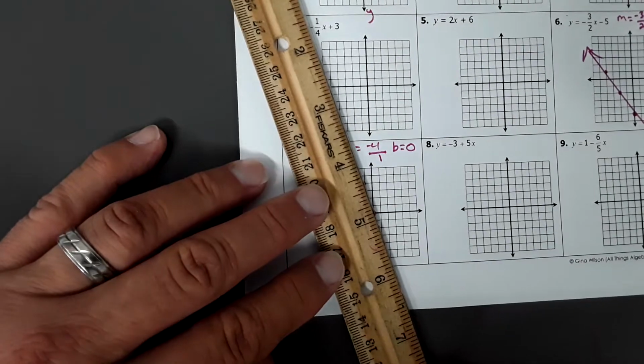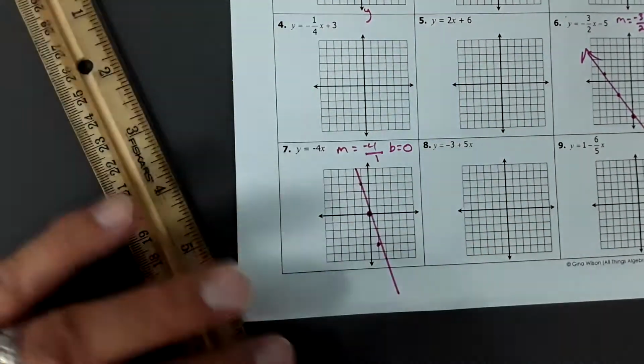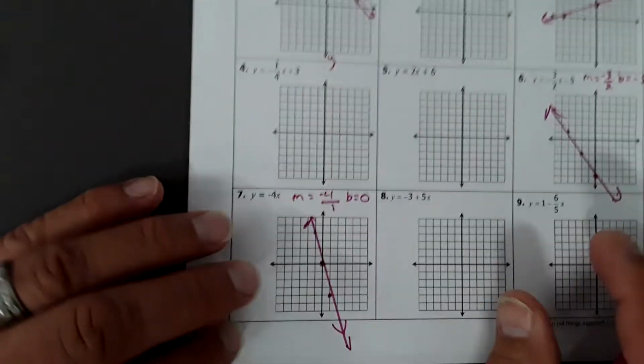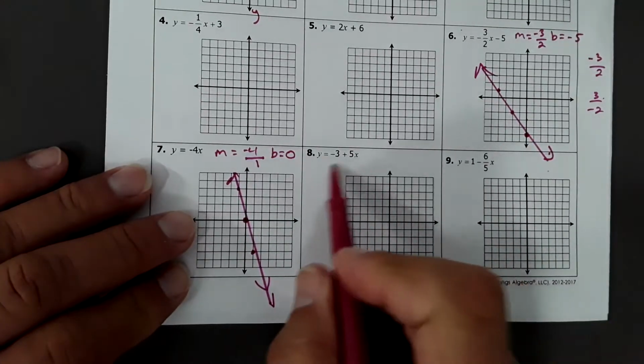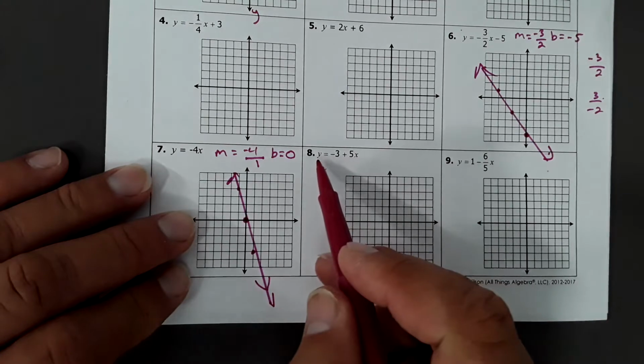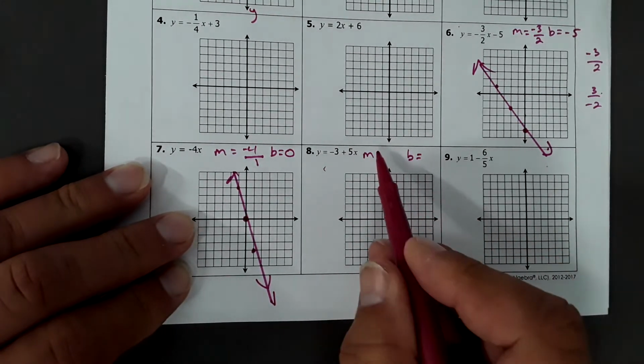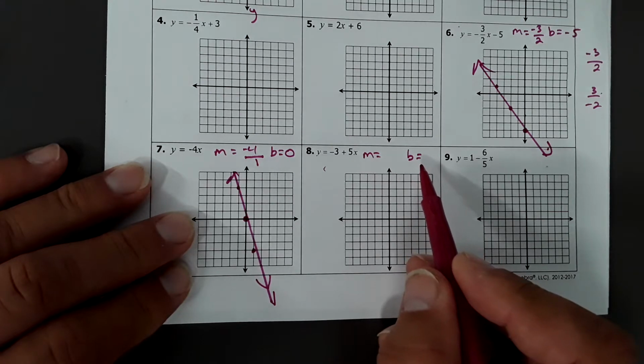Okay. Now, number 8 is just a little more difficult because it's out of order. The y is still by itself, so that's good. This is why I said identify the b number first. It's the constant.